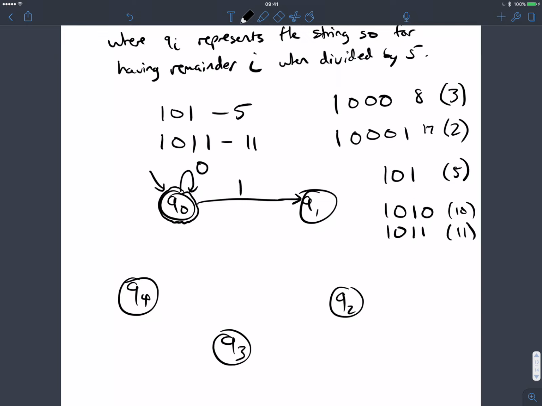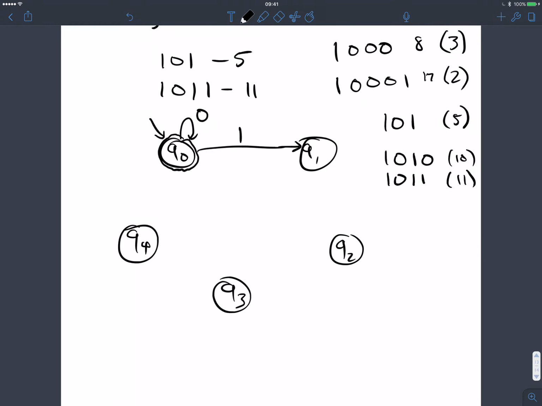So let's work on the other states. If I'm in Q1, that means the current remainder is 1. And then I see a 0, then what should the current remainder be? That means multiplying the number by 2. So the current remainder now is 2. Oh, so that means I should go to Q2.